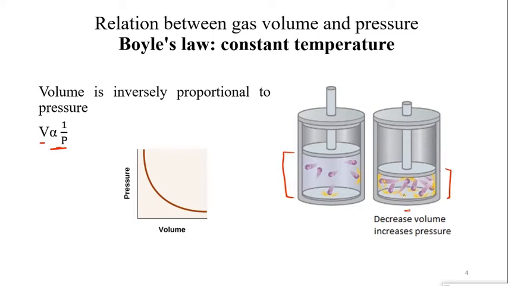Here, the force of the particles hitting the container is larger in the case of the smaller volume. So if I decrease the volume, I'm increasing the pressure on the walls of the container. This is why my pressure increases.